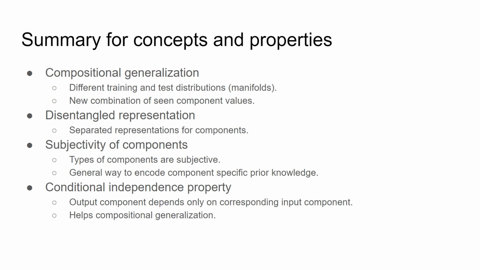We talked about subjectivity of components. We consider types of components as subjective, so we need a general way to encode component-specific prior knowledge. We also introduced conditional independence property. It means output component depends only on the corresponding input component, and we discussed how it helps compositional generalization.